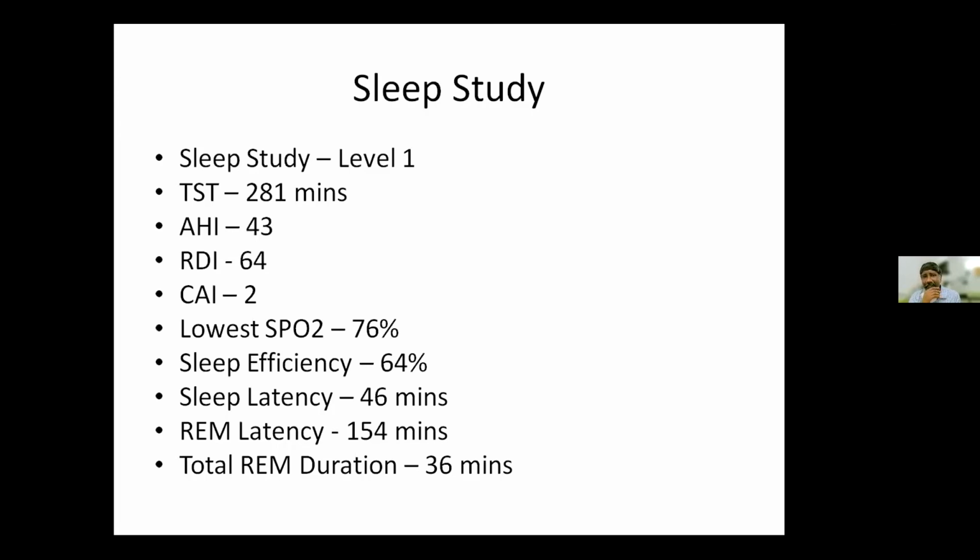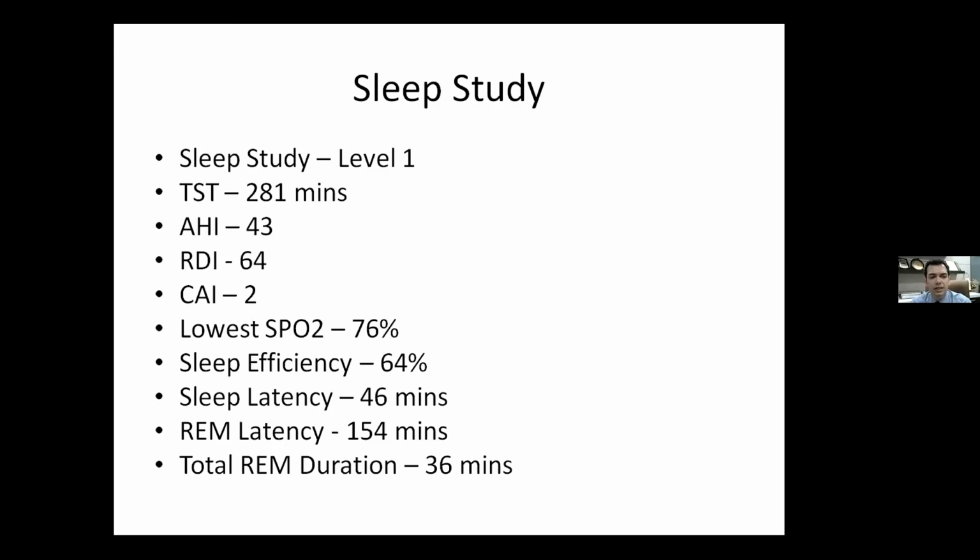If for this patient I had done a level 3 and didn't know the total sleep time of 280 minutes, the machine would have calculated for 6 hours or 7 hours, that is 360 minutes or 420 minutes. Then the AHI will further go down. So whenever I feel the patient has a lot of sleep disturbance and poor sleep efficiency, I would choose level 1 so that I can pick up the right amount of AHI.